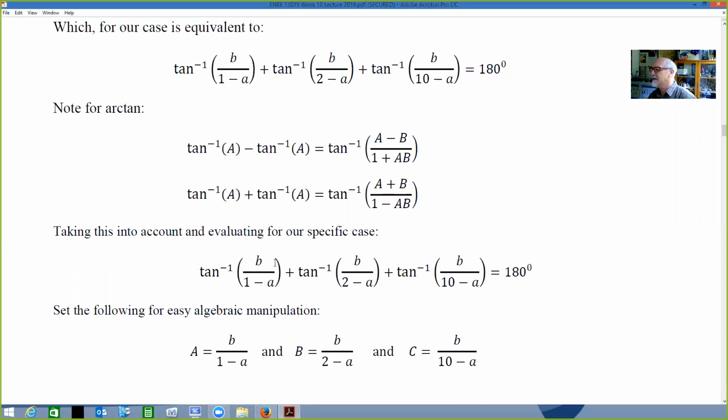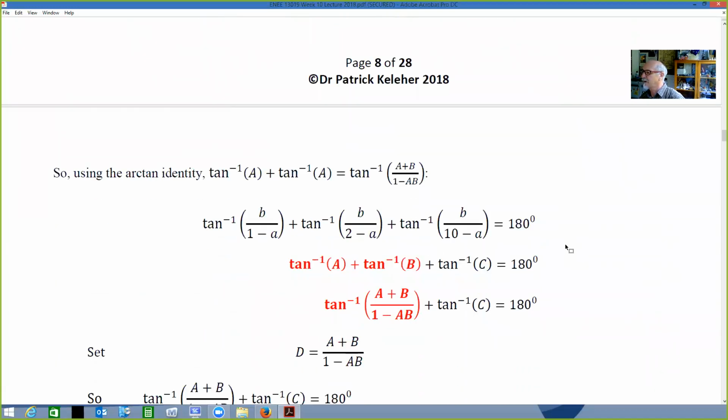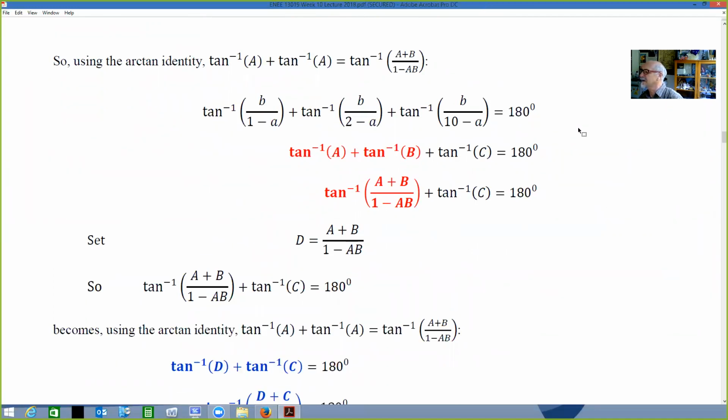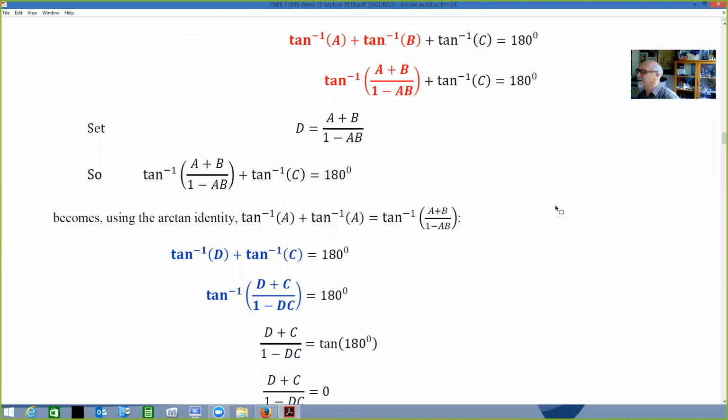If we set A equal to this particular argument, this argument equal to B, and that argument equal to C, then we can go about applying this arctangent identity. As you can see, once we plug in our values, we can take that identity, put it into that particular form, and keep working through. Now I'm going to let D equal that, and then just follow through.